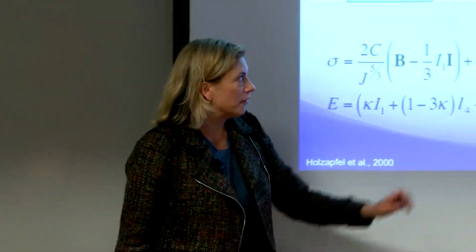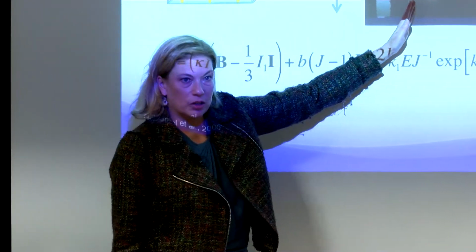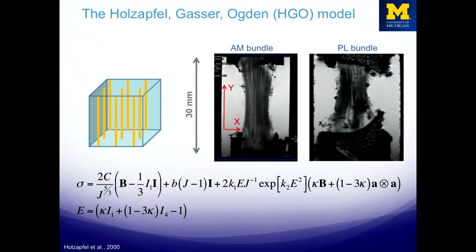So my really brilliant student, Callan, who also suffers from imposter syndrome, said, I'm going to do this. And what I'm hoping happens is if I compare the AM bundle, in which the collagen looks very organized everywhere, and the PL bundle, in which it looks more disorganized everywhere, since these are both ligaments, they're both comprised of collagen, I should get the same material properties everywhere except this kappa property, because that's the one describing the dispersion, and that's the only thing I see that's different.